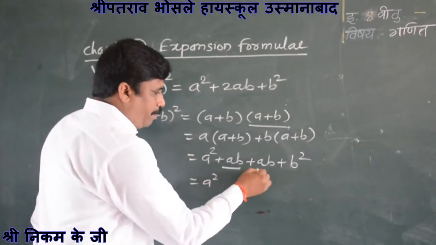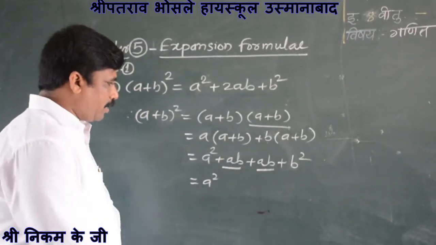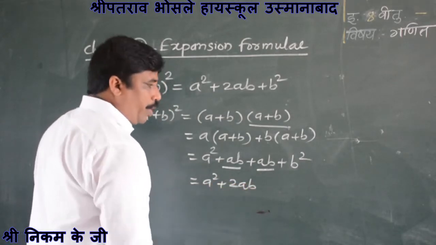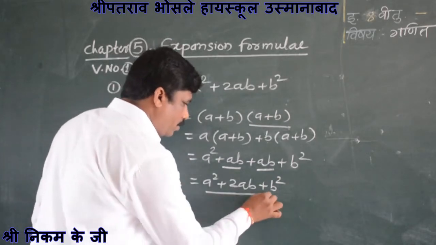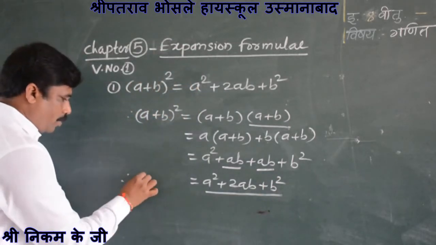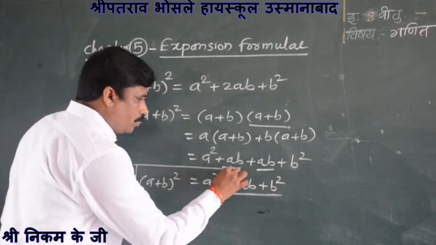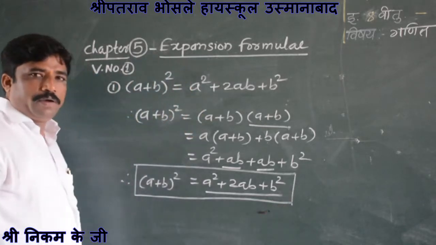After that, plus ab and plus ab are like terms, so we add the like terms: 1ab plus 1ab is equal to 2ab, plus b square. Therefore (a plus b) square is equal to a square plus 2ab plus b square.